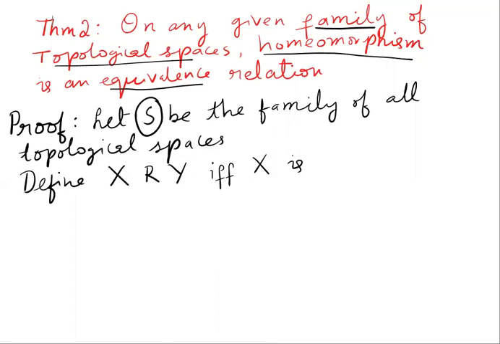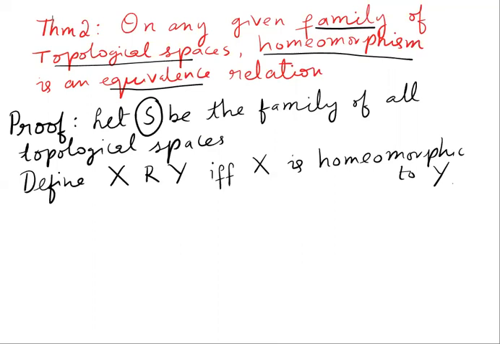So we'll define that relation as X related to Y if and only if X is homeomorphic to Y. That means there exists a function between X and Y which is a homeomorphism. That is how X and Y are related.